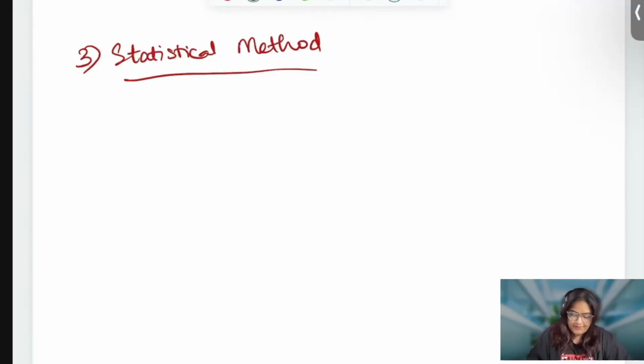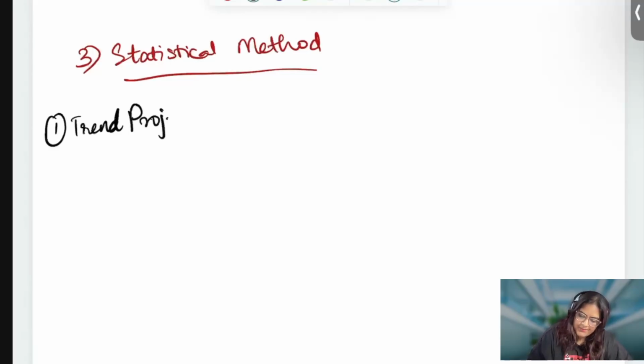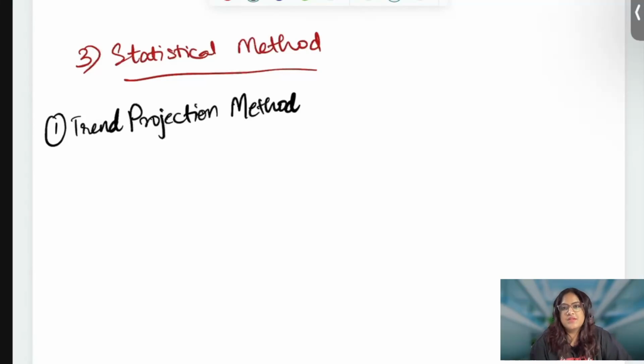The first one is trend projection method. In trend projection method, it studies the long-term movement of demand over time.